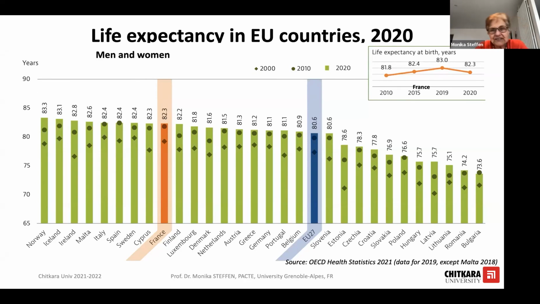I didn't put statistics on this because we can't go into all these details, but in the European Union, women live on average 5 years longer than men. 5 years and a few months.